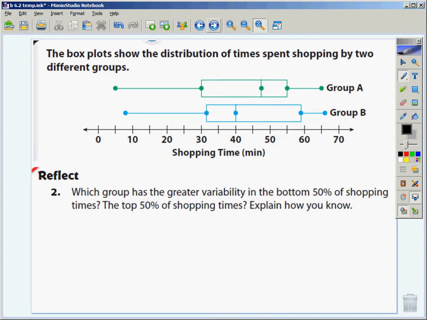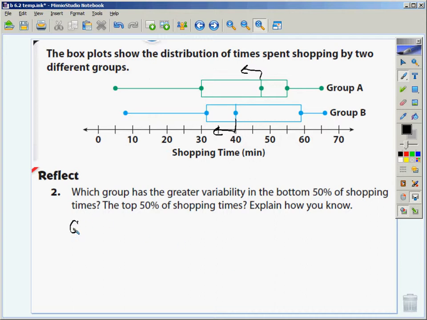Okay. If you turn it, I think it's just on the same page. They actually did an example using this box and whisker, and I went down to the reflect. They already compared shapes. They already compared interquartile ranges, and they did the comparison. Here they're asking which group has greater variability in the bottom 50%. So if I'm looking at the bottom 50%, which one has more variability? Group A or Group B?